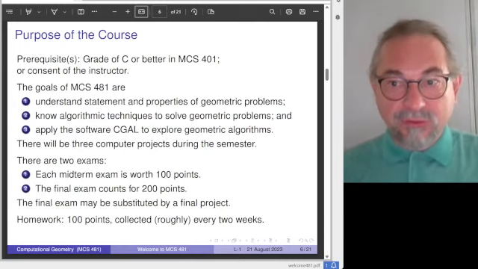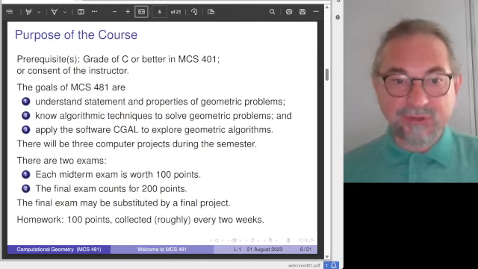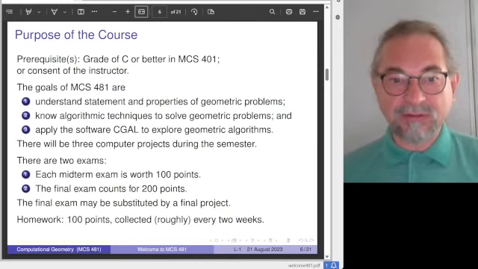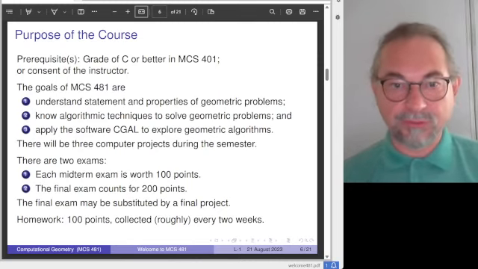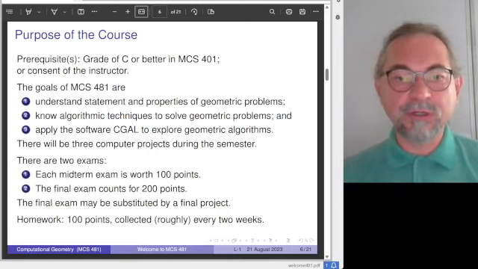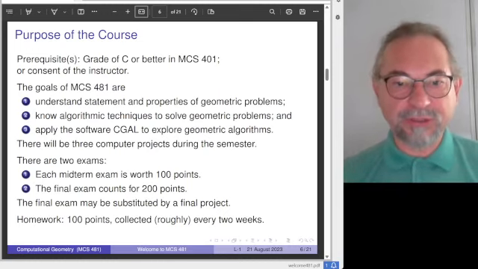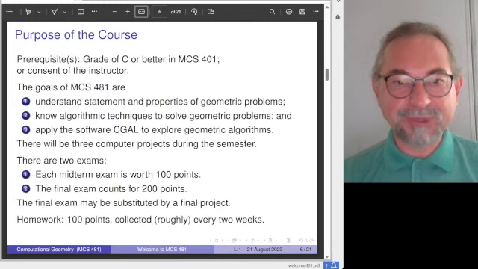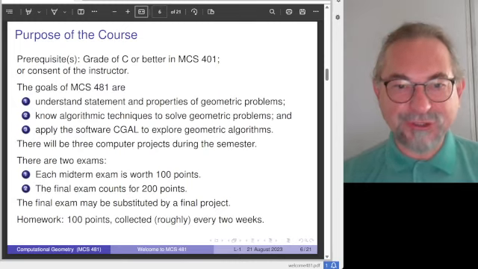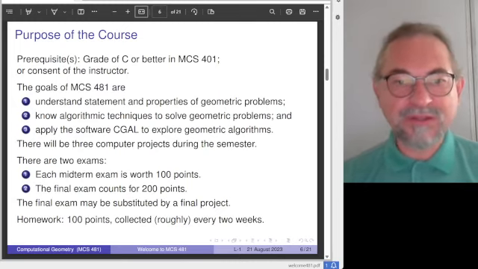Since this is also a course attended by graduate students, you can substitute the final exam by a final project. We could also mix it: some students do the final exam, some students do a final project presentation. There is homework. Here I'm counting 3 projects. The 3 projects will be counting for 200 points.